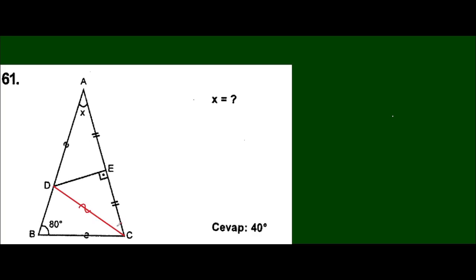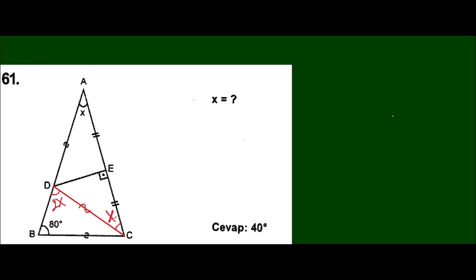So we can write down this angle as x. And the next step is to know that this angle will be 2x. And this DC is equal to BC.